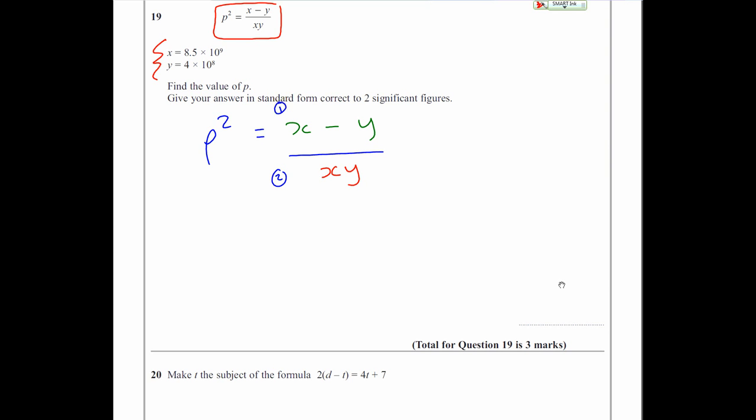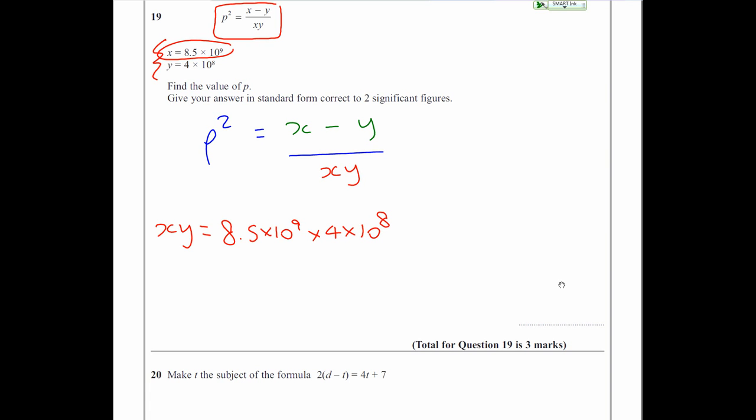Now I prefer the look of question 2, which is x times y, because I know it's easier to do. So x times y is this: 8.5 times 10 to the 9 times y, 4 times 10 to the 8.